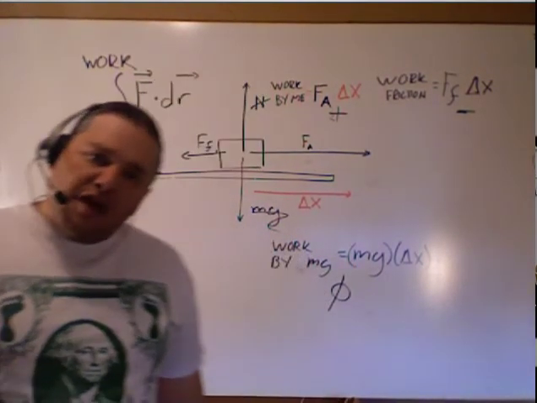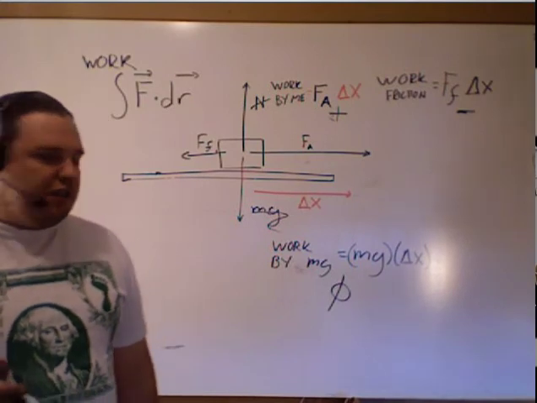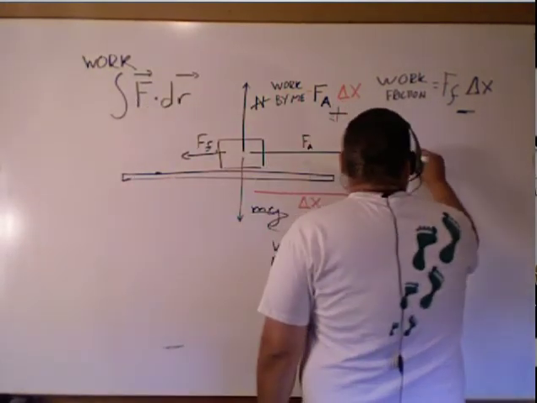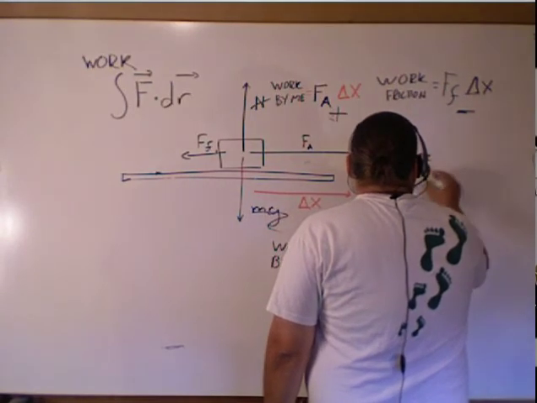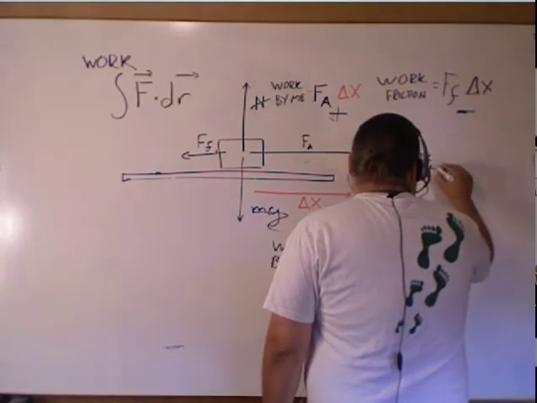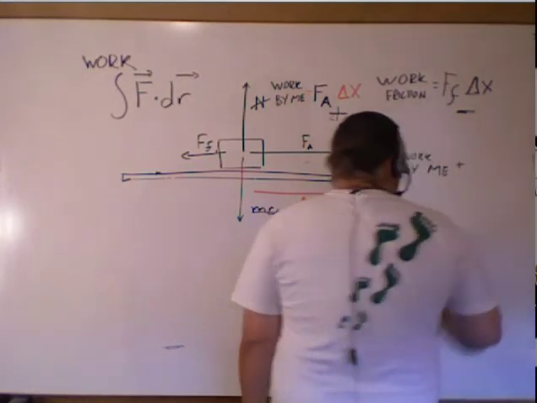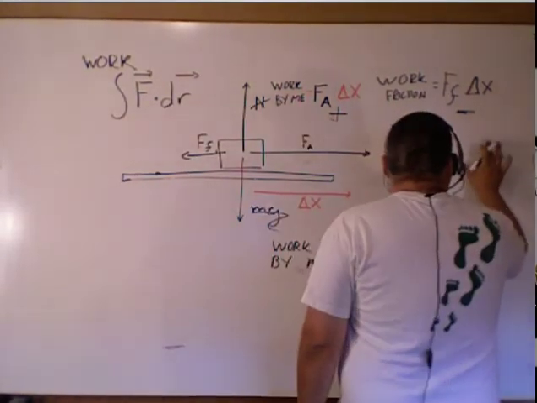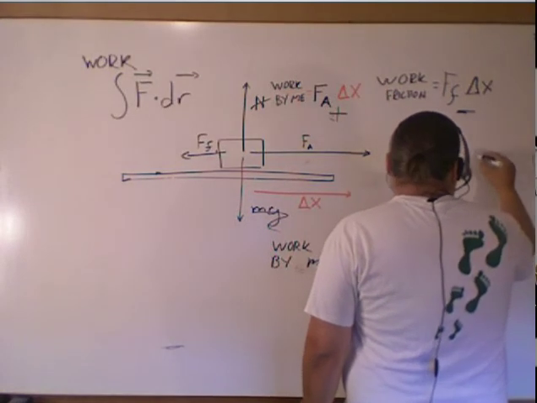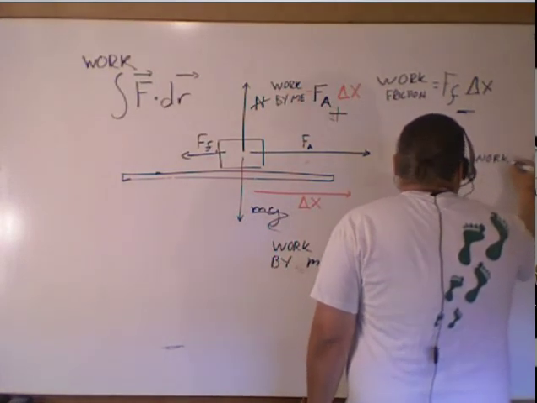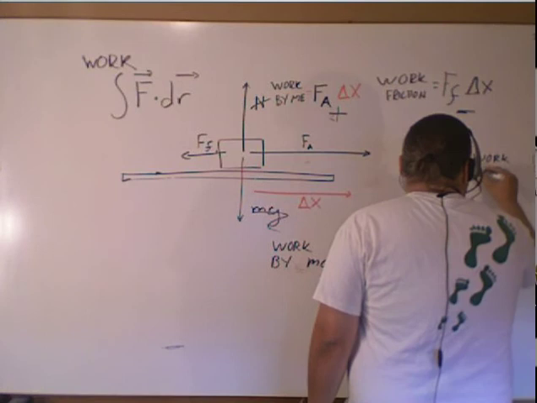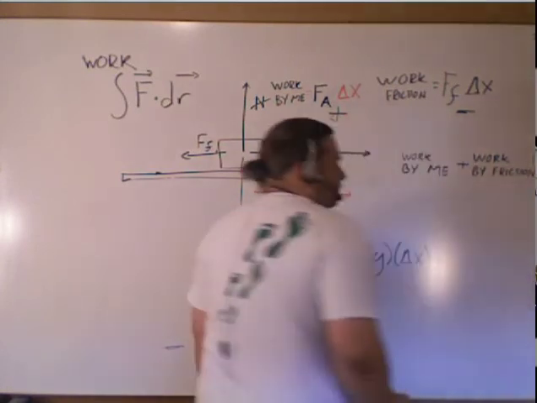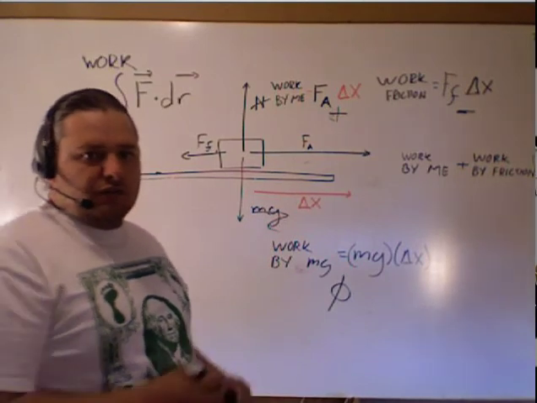And then when we want to talk about changes in motion, or the net work being done on an object, we just say the work done by me plus any of the other work that's being done in that direction is the total work.